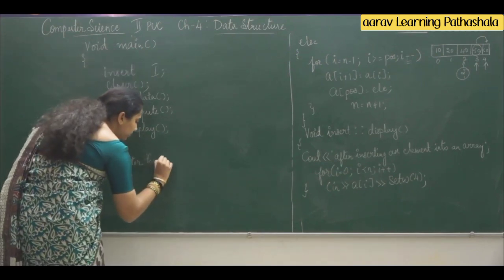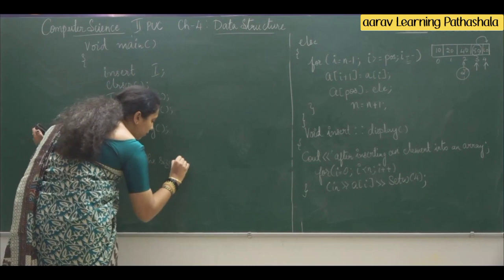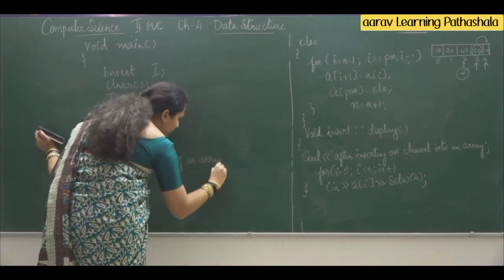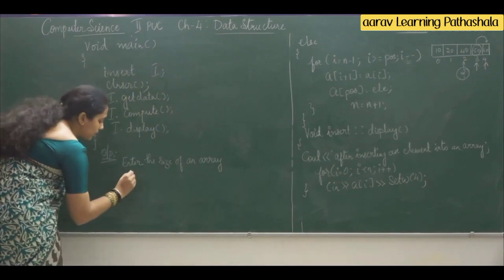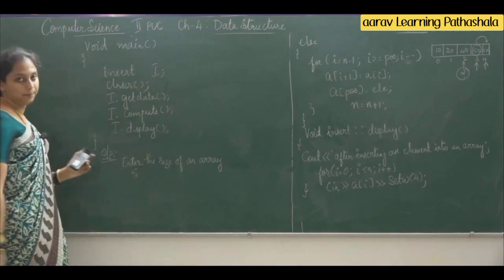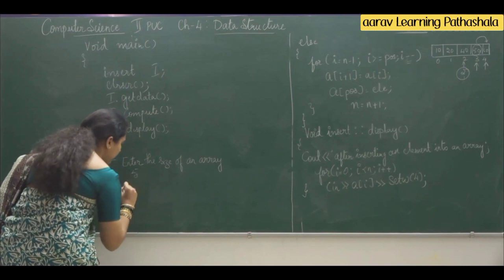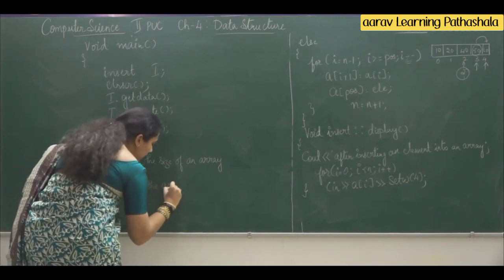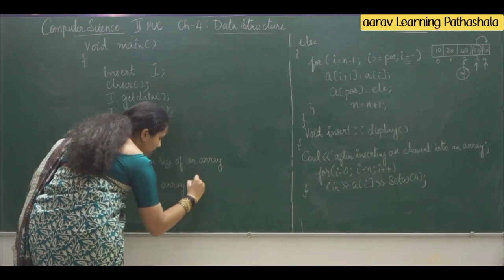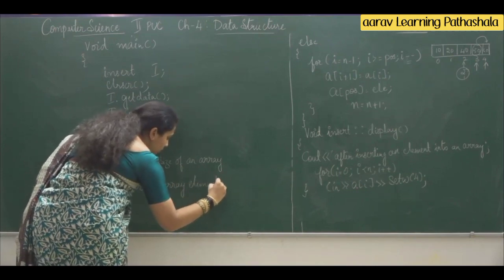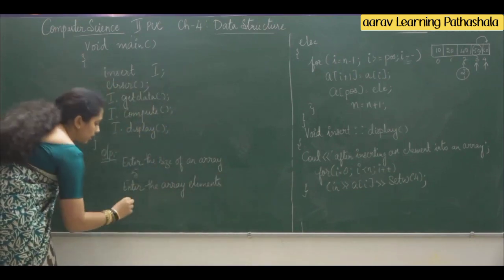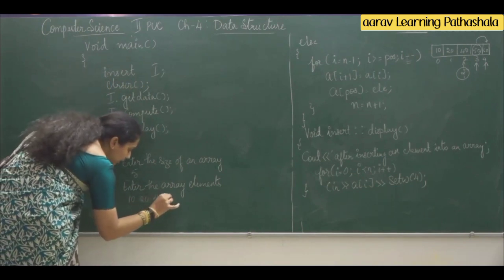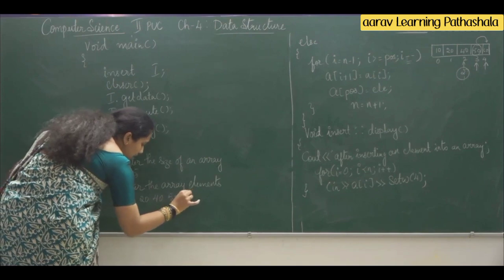Enter the size of an array. So the size of an array is 5. Next, enter the array elements. So what are the array elements? It is 10, 20, 40, 50 and 60.